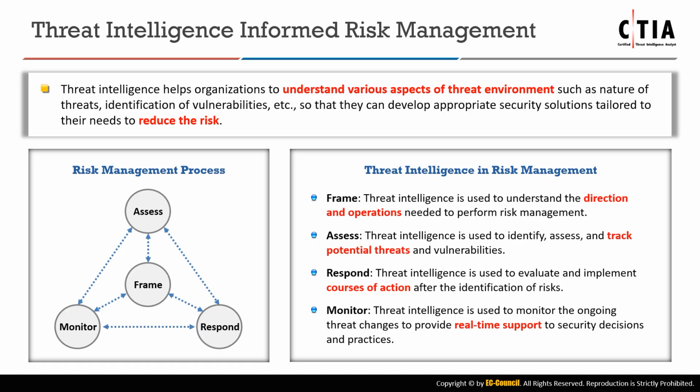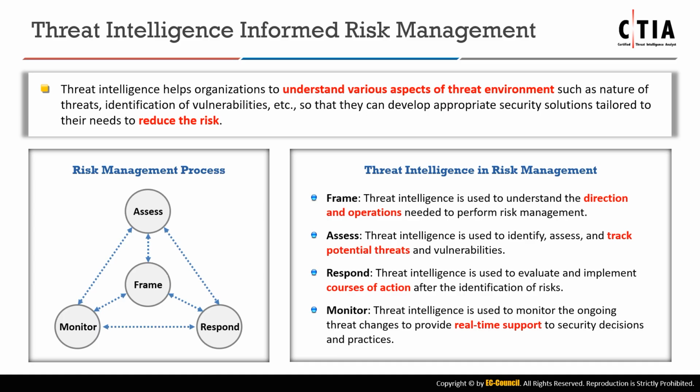What we see is it all revolves around FRAME. That is threat intelligence used to understand the direction and operation needed to perform risk management. So what we're looking at here is operations. We're looking at the direction that we want to take depending on all of the other points and processes for risk management.